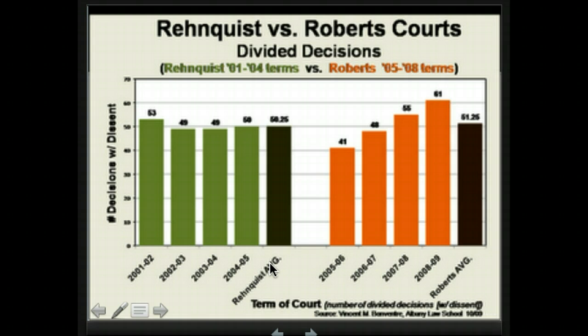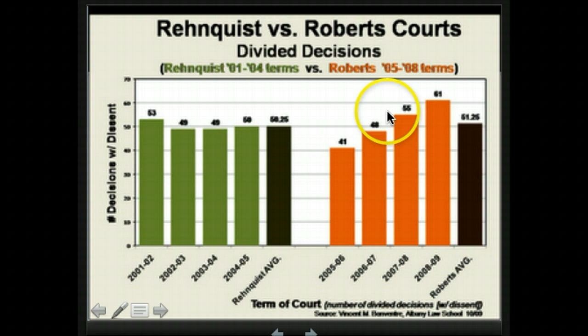Divided decisions. The Rehnquist term. A court is named after the chief justice that presides over the court. So the Rehnquist court from 2001 to 2004. This is the number of decisions with dissent.